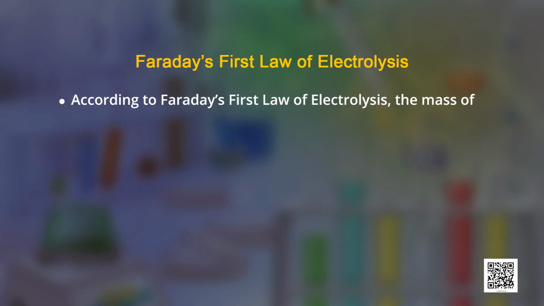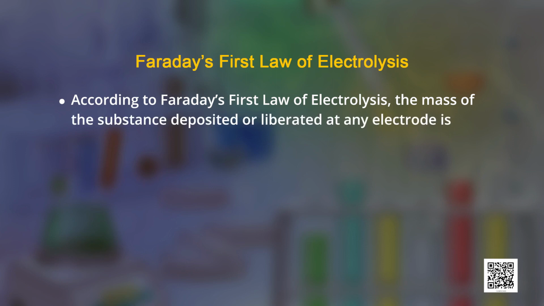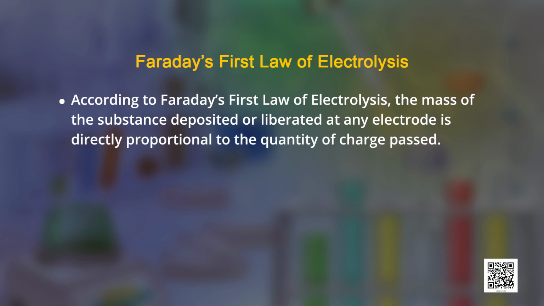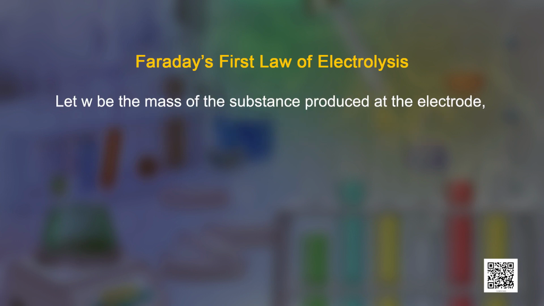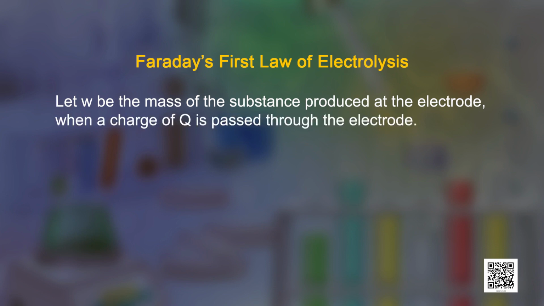According to Faraday's first law of electrolysis, the mass of the substance deposited or liberated at any electrode is directly proportional to the quantity of charge passed. Let W be the mass of the substance produced at the electrode when a charge of Q is passed through the electrode.